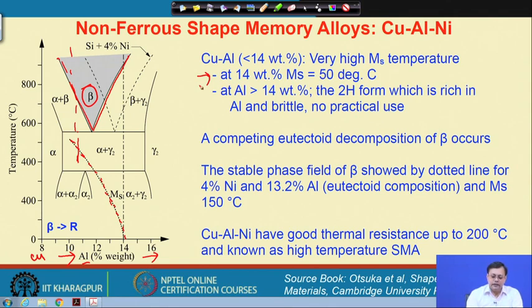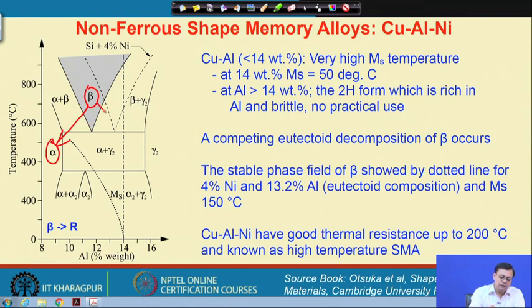On the other hand, there is a competing eutectoid decomposition. How to read it? Here the beta will decompose into alpha and gamma 2. This eutectoid decomposition occurs in competition with the martensitic transformation, and therefore we have to tune the alloy so that the eutectoid decomposition is retarded and the martensitic transformation is enhanced.